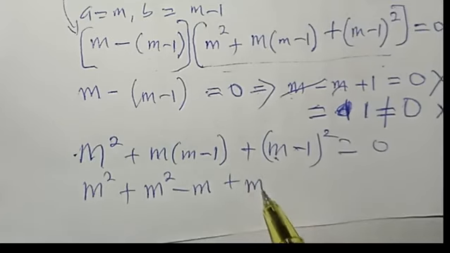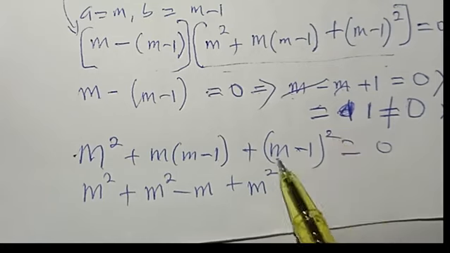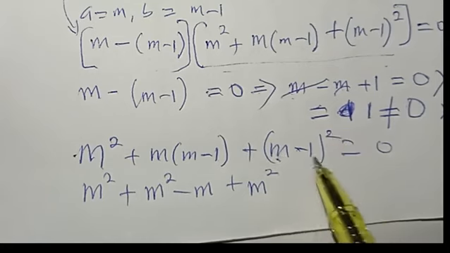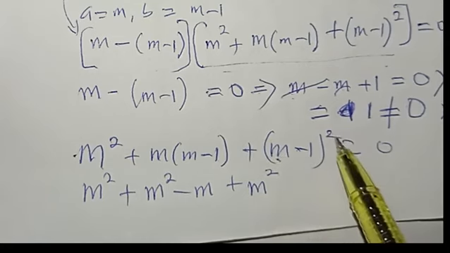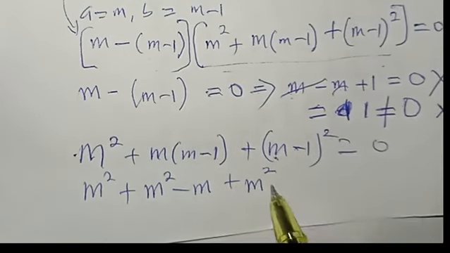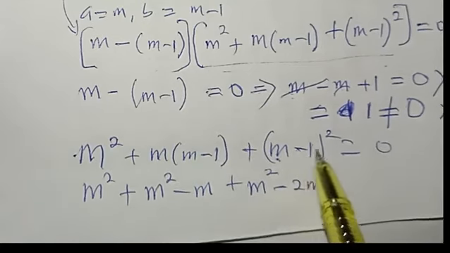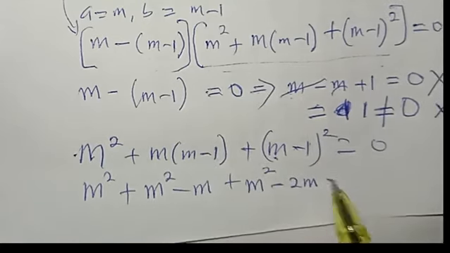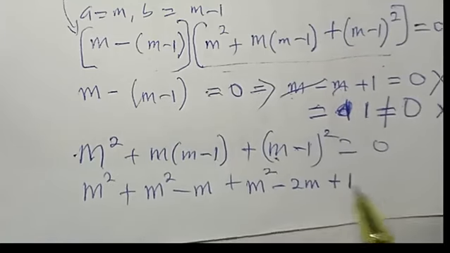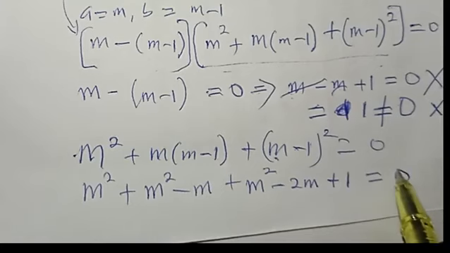So we have m times m, which is m squared. And then use these two right here to multiply the terms inside the brackets, that is 2 times m times minus 1. That will give you minus 2m, and then you use the second term to multiply itself, and that will give you positive 1. Okay, and it's all equal to 0.